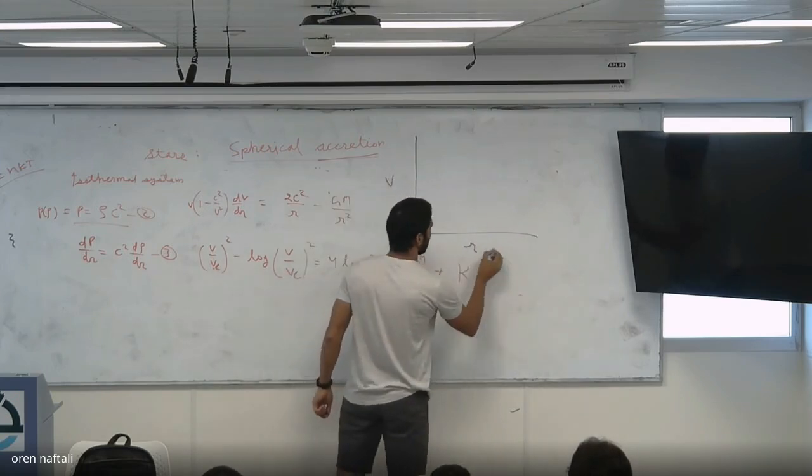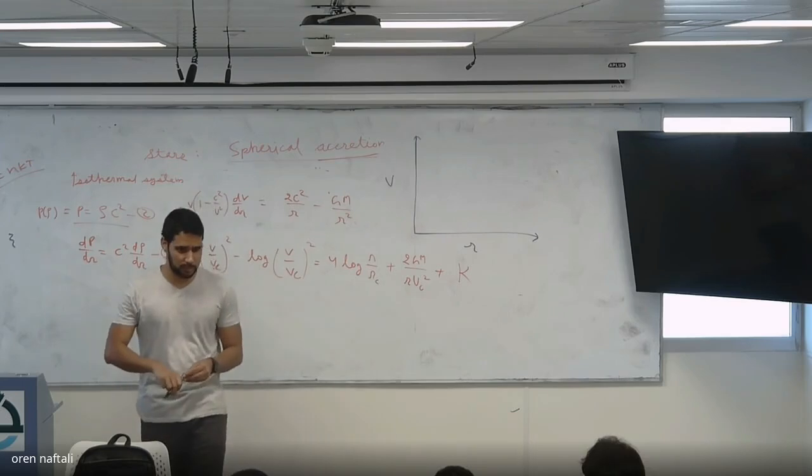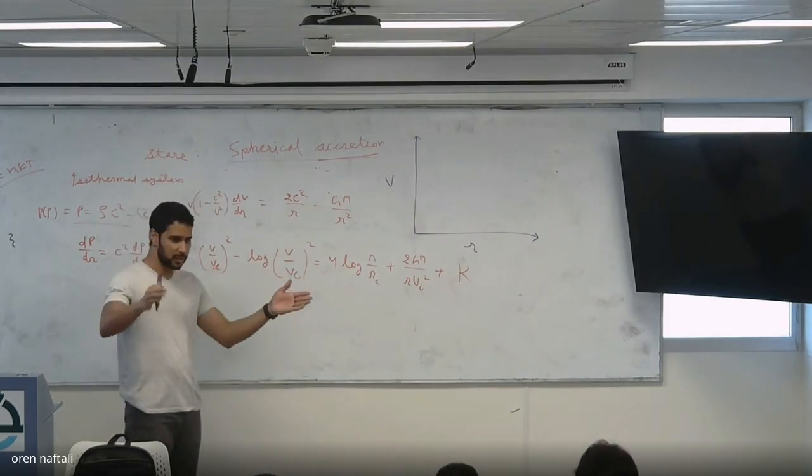Velocity is a function of r. Now we look at the physical meaning of this. Just plot this. It's not that v is a function of r right away in the algebraic equation, but you can still solve this.